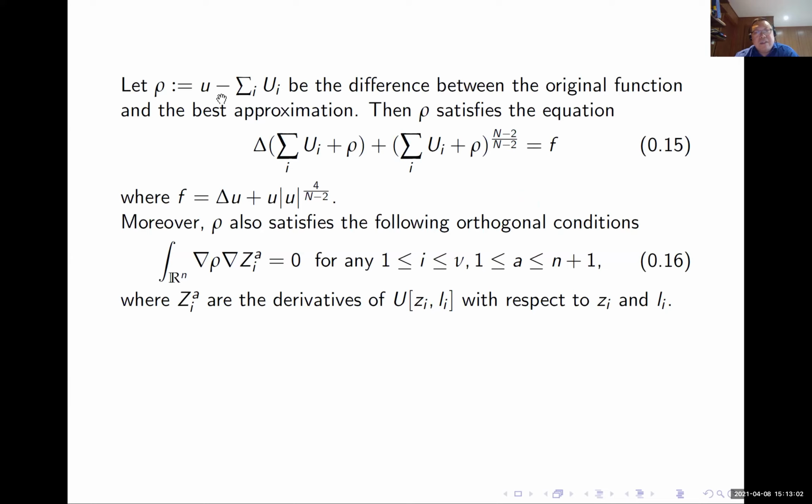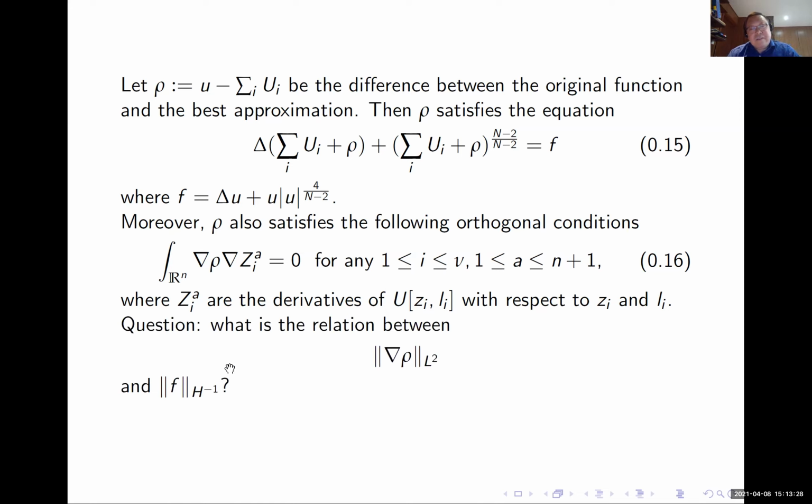So we take the difference between u and the Talenti bubble, and the difference will satisfy a nonlinear equation, right? And the f, this is the Lagrange error, okay? And the f is also orthogonal to the Talenti bubbles.